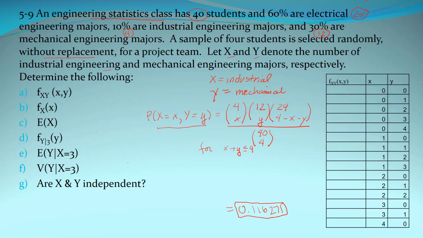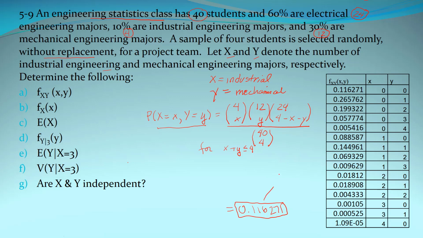Magically, I have done this for you, so you can see right here that the first calculation of this probability is what we just calculated, for x equal to 0 and y equal to 0.